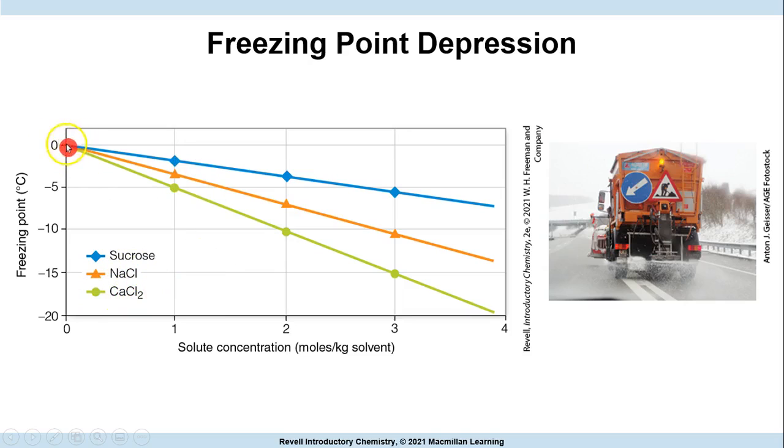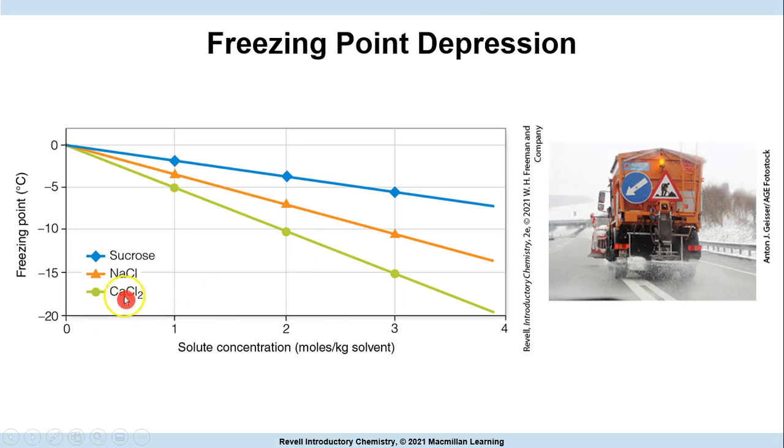So we see here that at 0 degrees, this is the freezing point of water. So each of these substances is going to lower the freezing point of water, and each of them lowers the freezing point of water depending on the number of ions that each of them forms. The one that has a higher number of ions is going to lower the freezing point more.